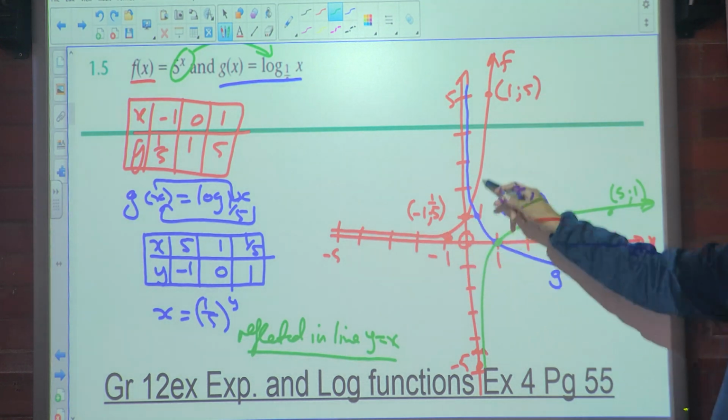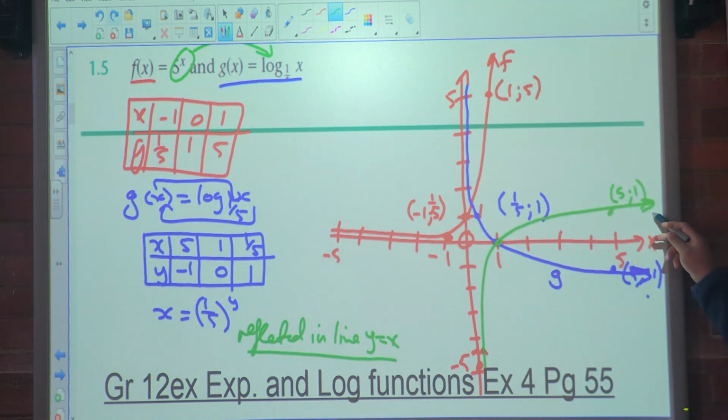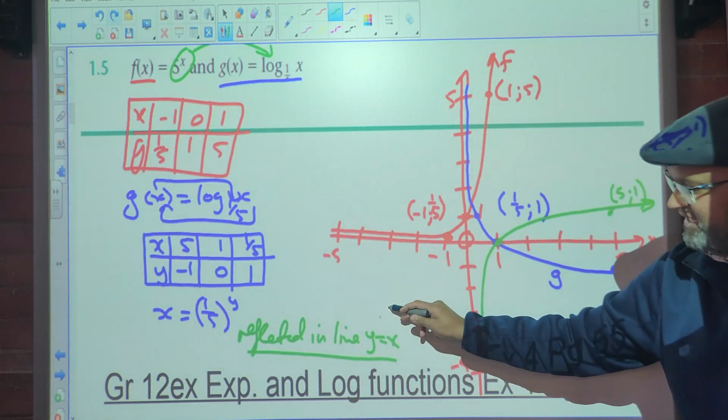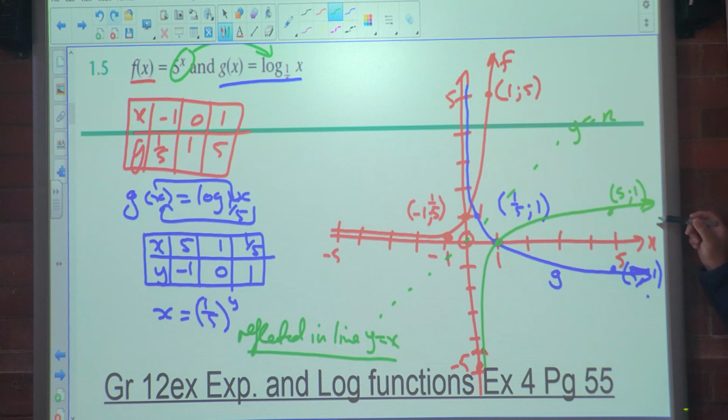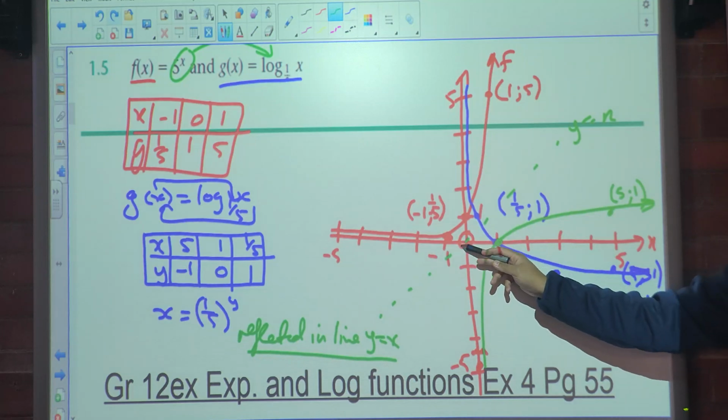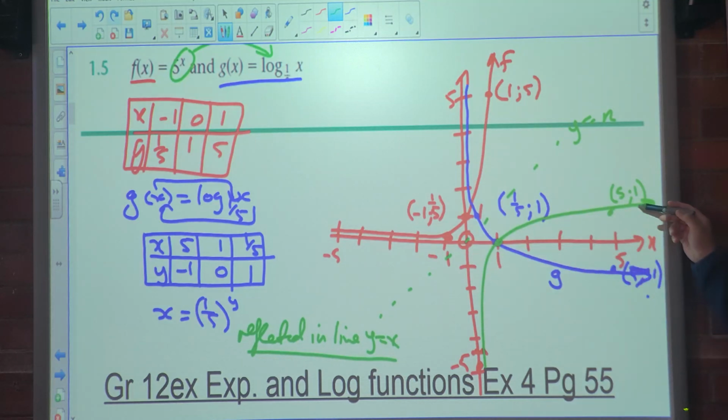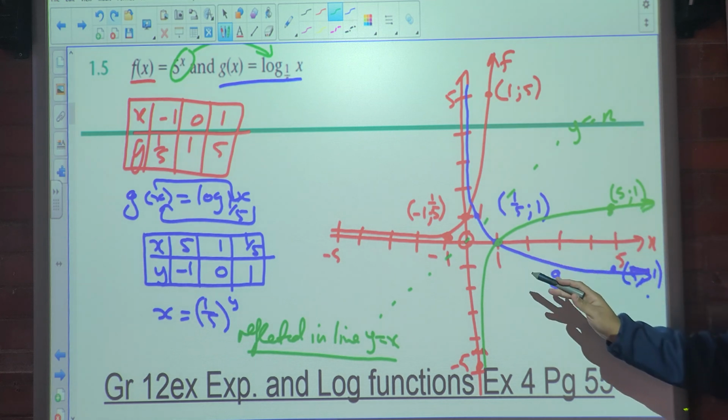As you can see, from f to the inverse of f, which is reflected in the line y is equal to x. Then how do we get from the green to blue? Reflected in the x-axis. As you can see, by reflecting the x-axis, y becomes negative. So 5 and 1 becomes 5 and minus 1, and so on.